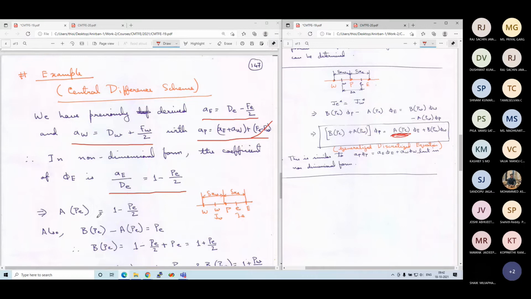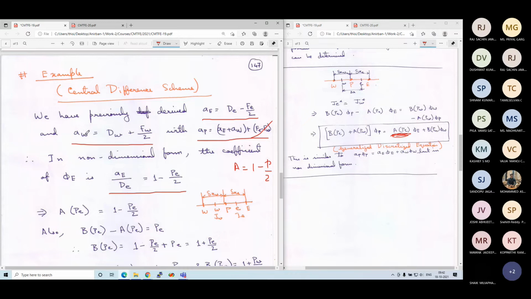So A of P is equal to 1 minus P by 2. So the function A is 1 minus P by 2 for the central difference scheme. Similarly, we can derive it for any other scheme also, but this is how it can be derived.